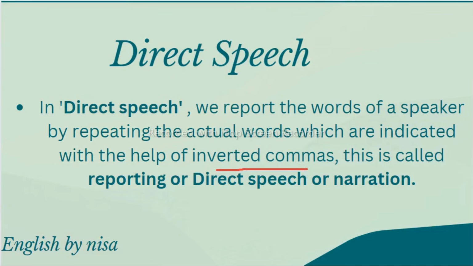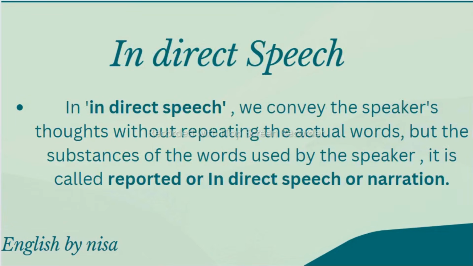This is called reporting speech or direct speech, and it is also called narration. Now, in indirect speech, we convey the thoughts of the speaker without the actual words but with their full meaning. It is called indirect speech or reported speech or also narration. We do not use inverted commas in indirect speech.